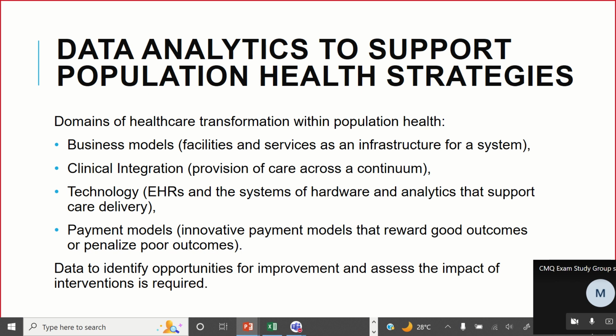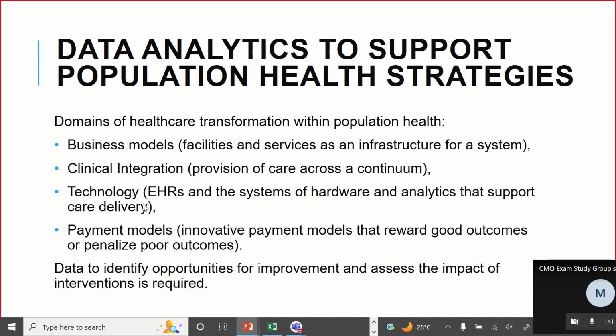And then they talk about clinical integration, and here they're talking not about the infrastructure of having a system, but about integrating the care that clinicians provide to patients across the continuum of care. Sometimes this is based on an agreement between different providers. They are not in the same system, but they have agreements or certain models of care to continue providing the services for those patients.